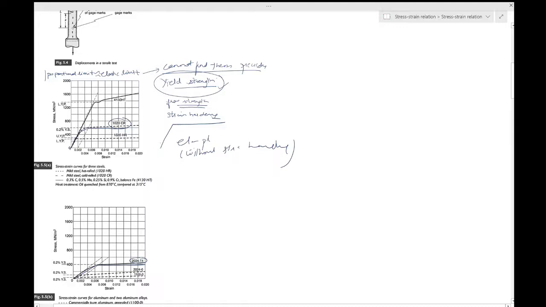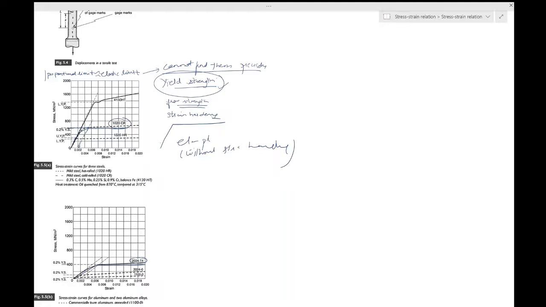You have this particular point as 0.02, and remember how the yield strength was calculated? You take this line, and then wherever it intersects with over here, this is the yield strength. So this is the point I have found out, and that point has come out to be 590 MN per meter square.